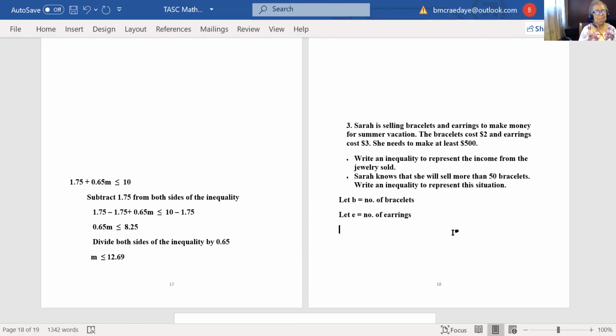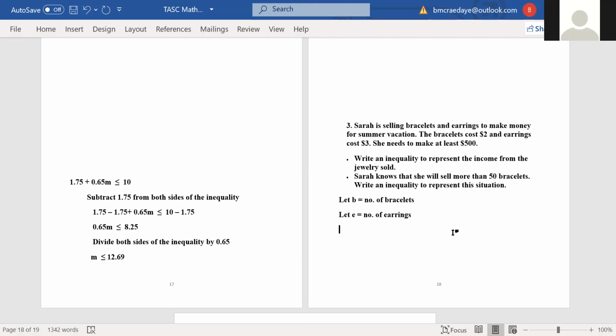Think about it. If the bracelets cost $2 and she sold 4 bracelets, how much would she make on the bracelets? $8. How did you get the 8? By multiplying 2 by 4. Okay, so you say 2 times B, right?